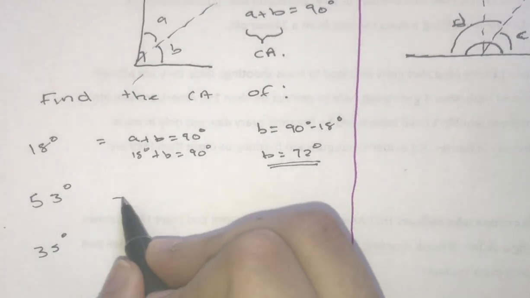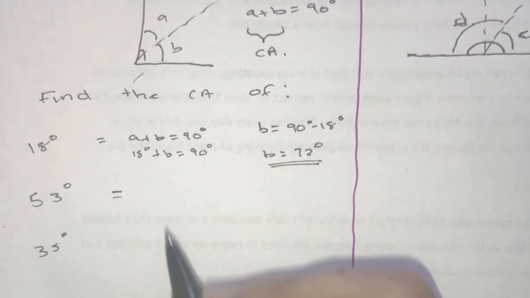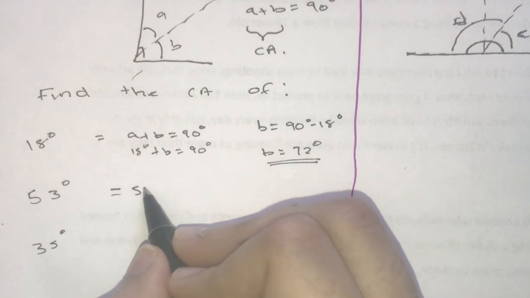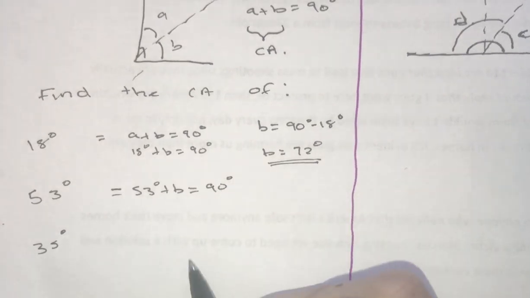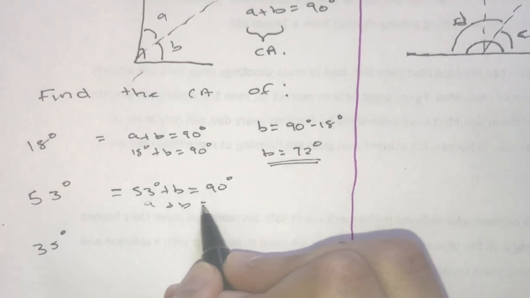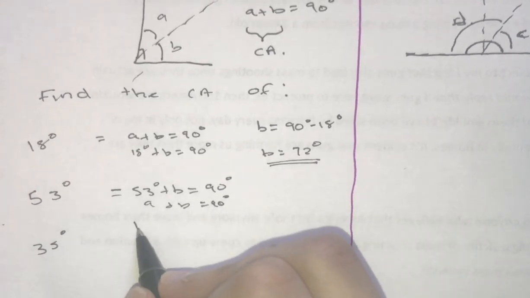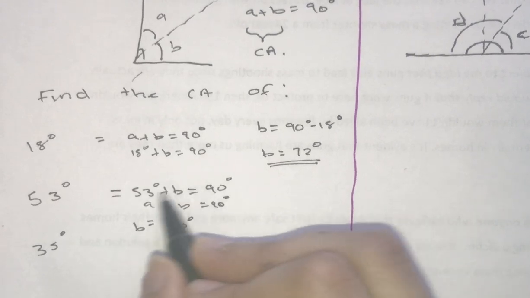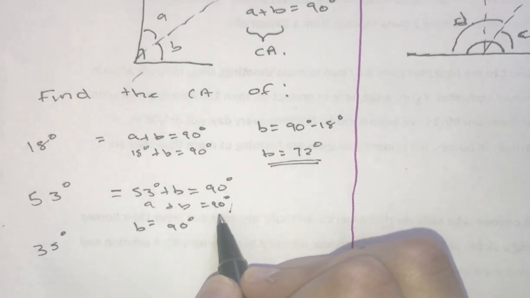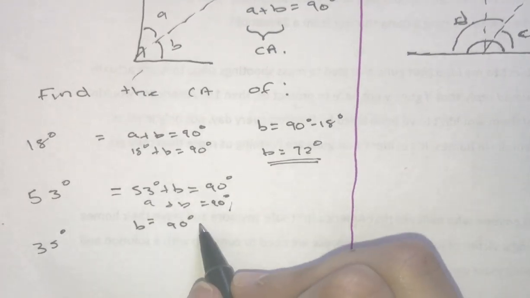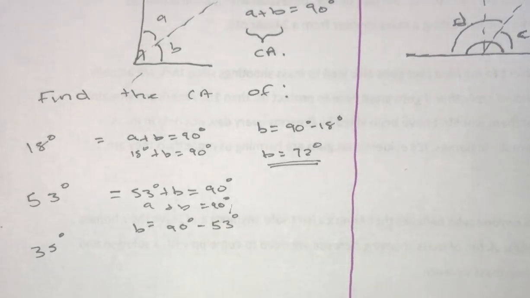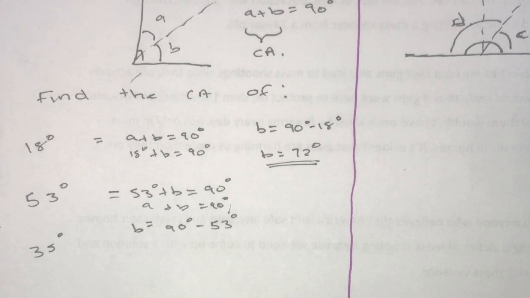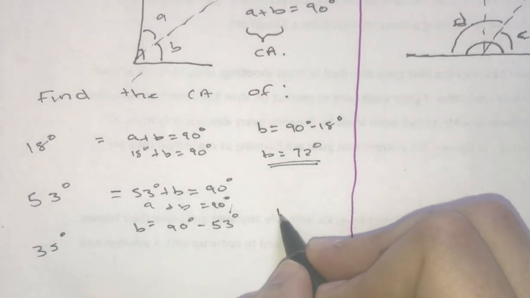So now we have A is equal to 53 degrees, B is unknown, and they're all equal to 90 degrees. A plus B is equal to 90 degrees. So B will be equal to 90 degrees, you take 53 to the other side of the equal sign, so it will become minus 53. 90 minus 53 is, any guesses? Yes, 37 degrees. You're right.